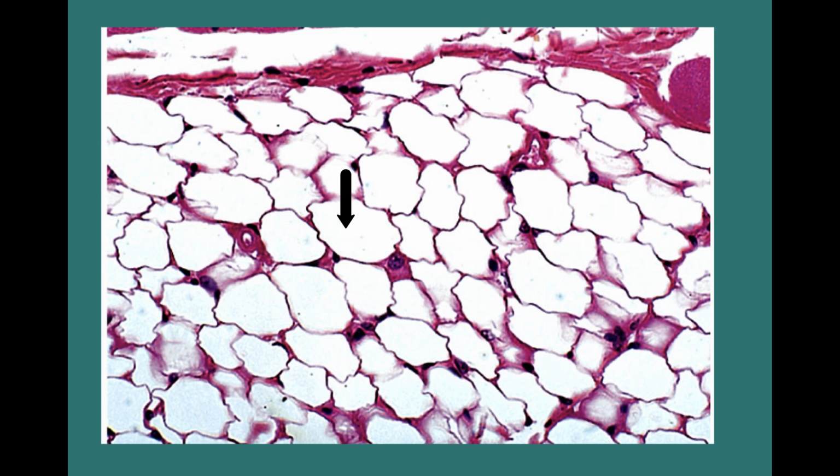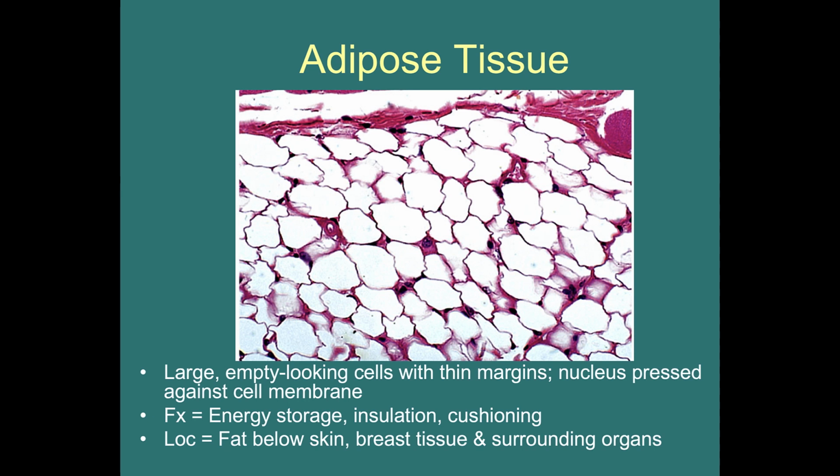So these plasma membranes out here would be the rubber, and what you'll notice is you do see some cells, but the nuclei of those cells have been pushed out to the side, and you can think of those as the nozzle or the knot of the balloon. And so they're very empty, and this is going to allow for fat storage. So this is our adipose tissue.